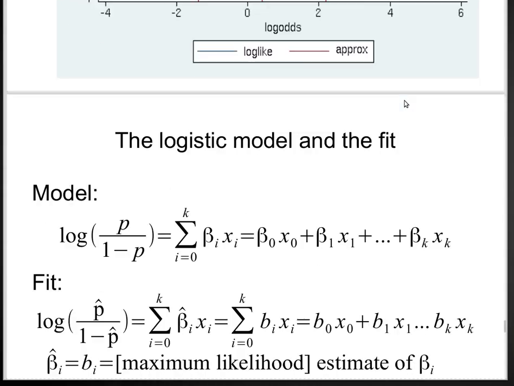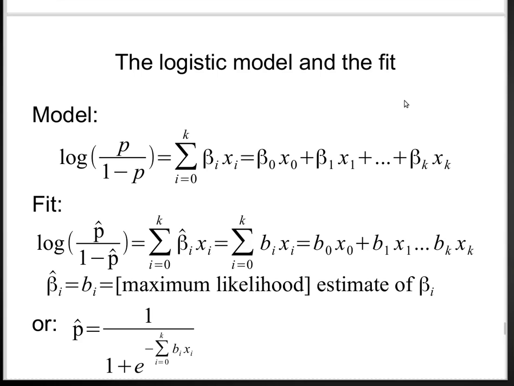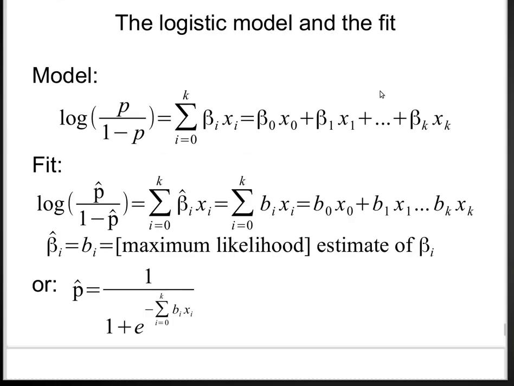Okay, that's enough of the really heavy-hitting math. Let's now summarize where we are and where we're going to be going. The theory that we're using, that's implicit in all of the models we're going to be looking at for the next while, involve a model which will be the log of the odds being equal to a linear combination of regression coefficients times explanatory variables.